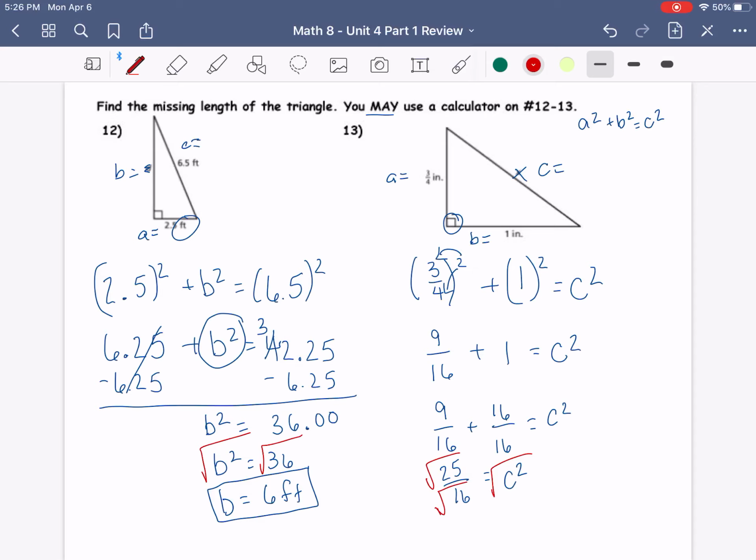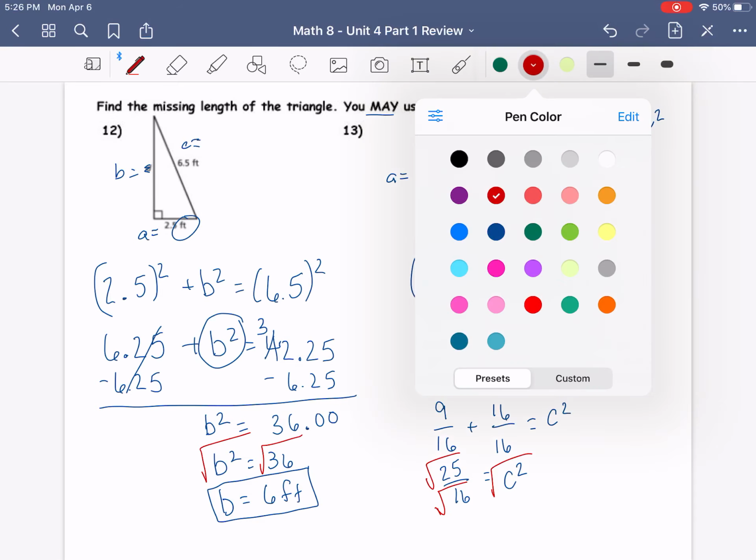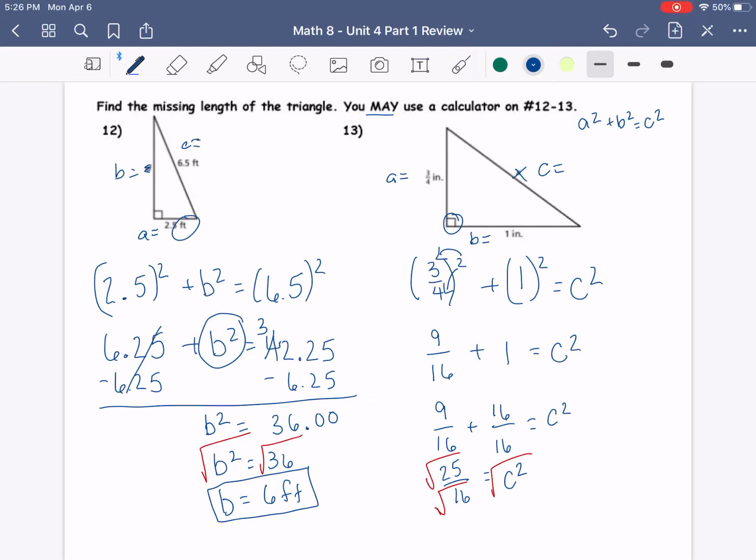Oh, that's a square number. Oh, that's a square number too. So the square root of 25 is 5, and the square root of 16 is 4. So C equals 5/4, or 1 1/4, and our label, inches. Don't forget the label.